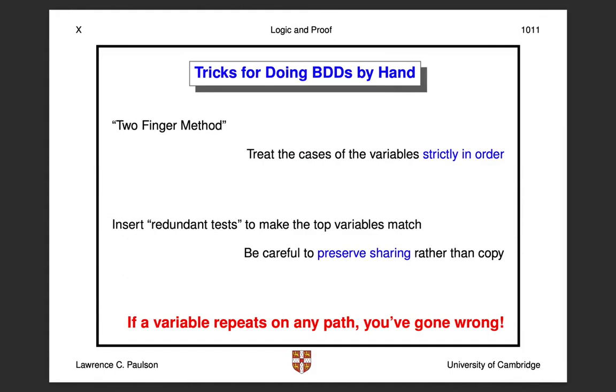So a reminder of some of the things I've been telling you. So doing it by hand, and of course you only do BDDs by hand if you're doing exams and exercises, I do think it helps to draw out your BDDs, use two fingers to show you what's happening with, for example, Q in the left side and Q on the right operand of your symbol.